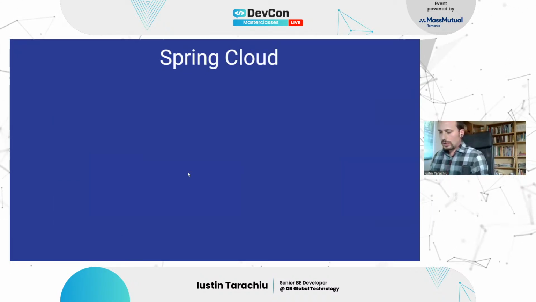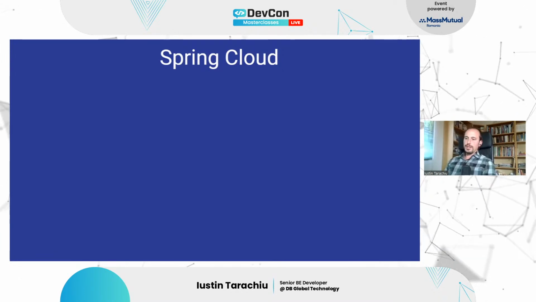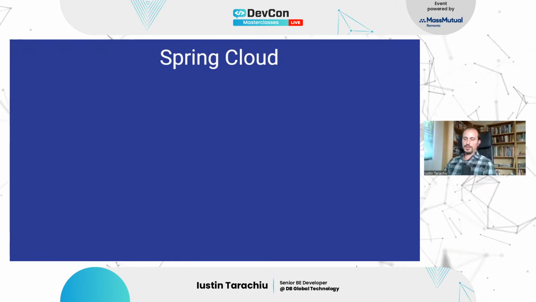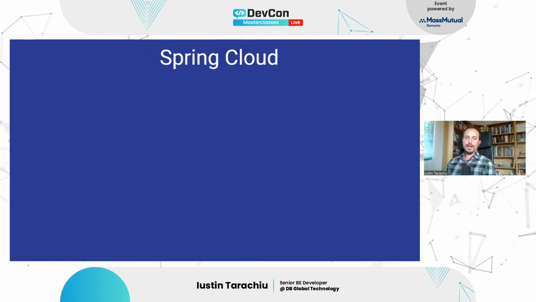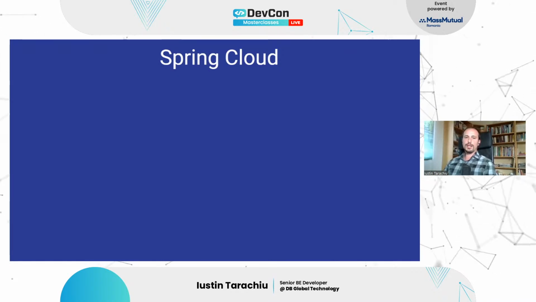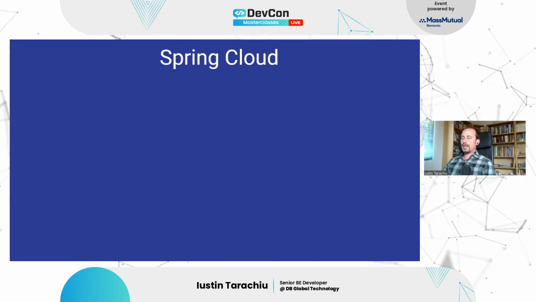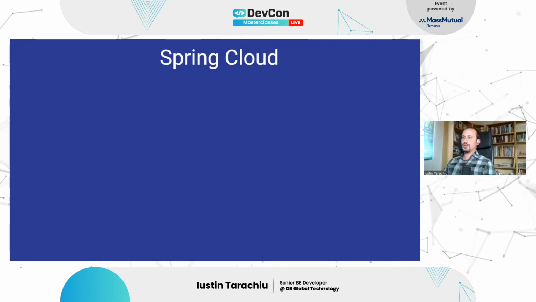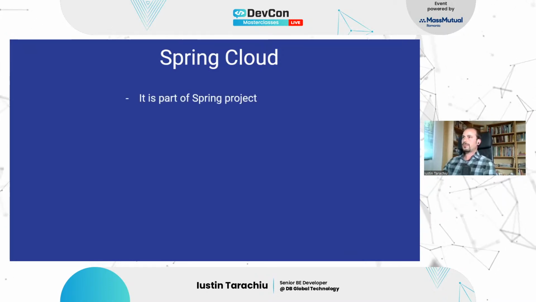Okay, I want to talk a little bit about Spring Cloud. Spring Cloud is one of the members of the Spring family. All of us are accustomed to Spring framework, and we like to develop it. And Spring Cloud brings a lot of useful tools that we can use to develop microservices.